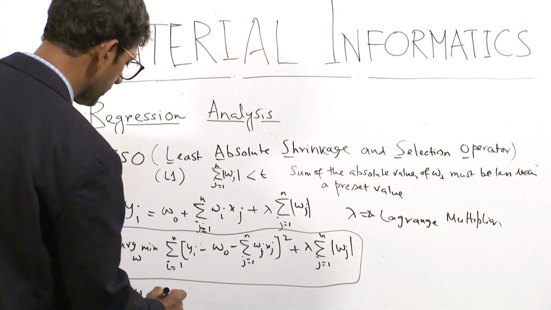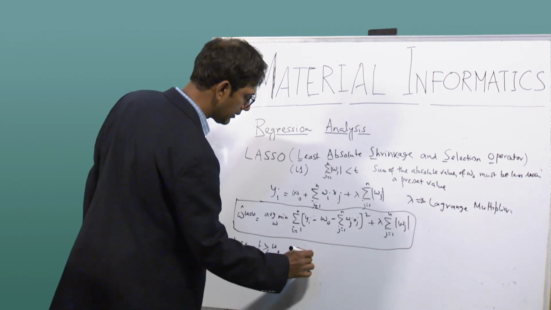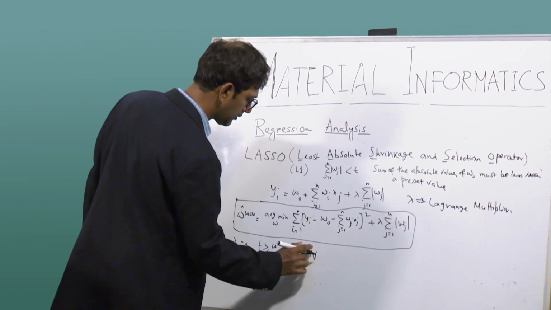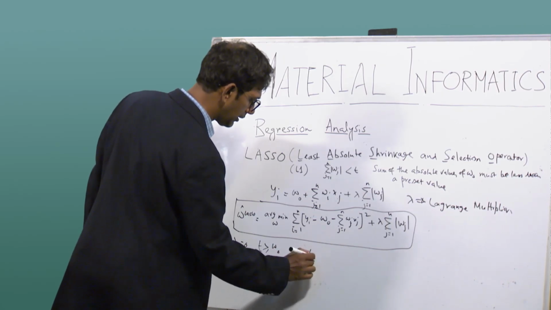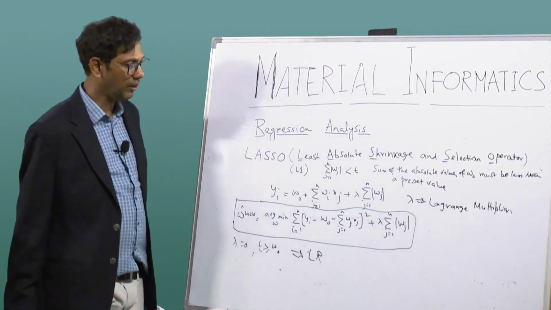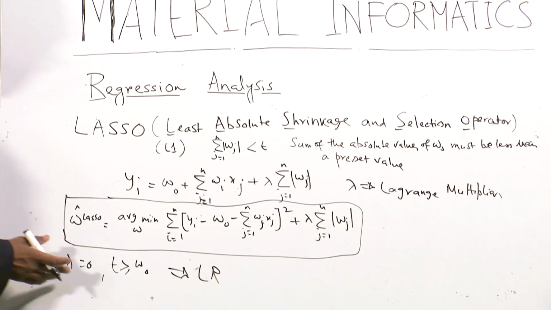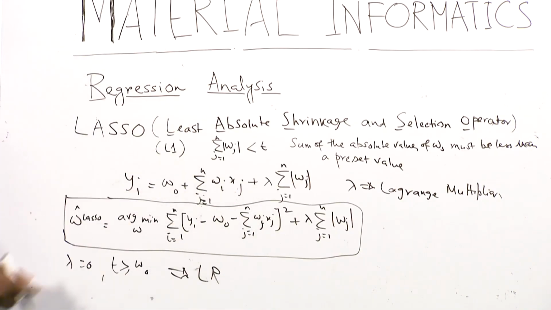The whole problem becomes linear regression. The moment lambda goes to 0 or t becomes higher than the W's, whatever you have written, remember that. So this is how Lasso operates.